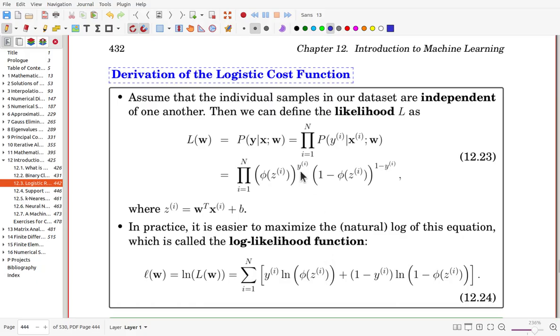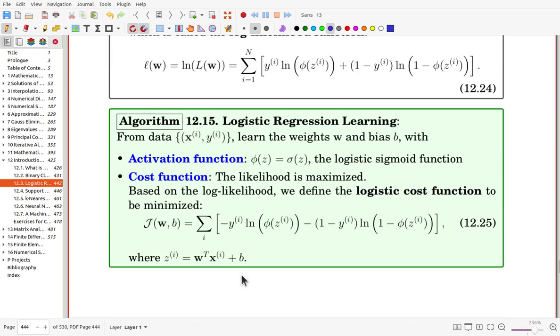Then the power becomes a multiplication, and the multiplication becomes addition. So we can write it in this way. We have to maximize this log likelihood, but by multiplying by negative, we can minimize instead. That's the final cost function.